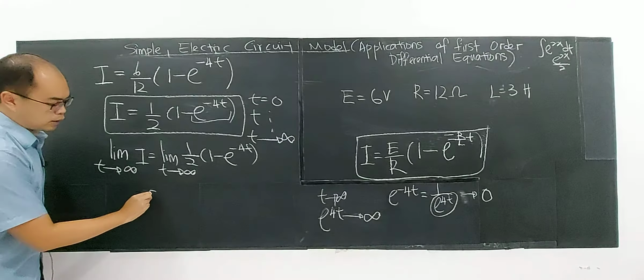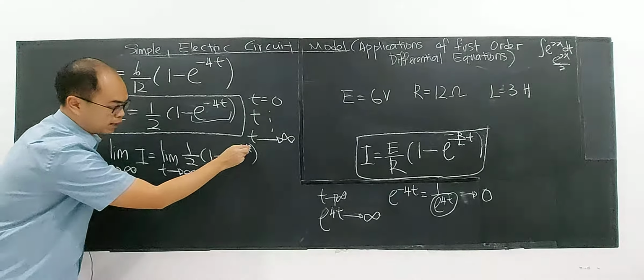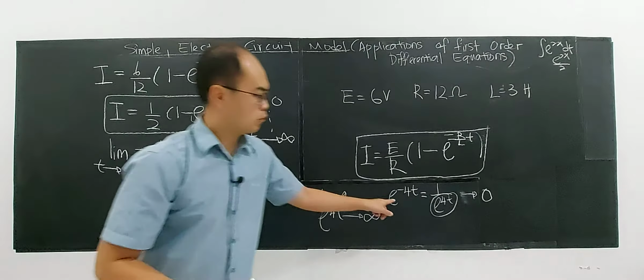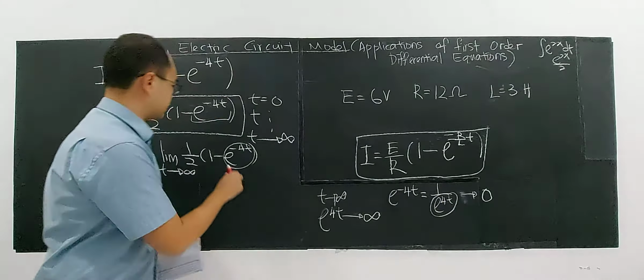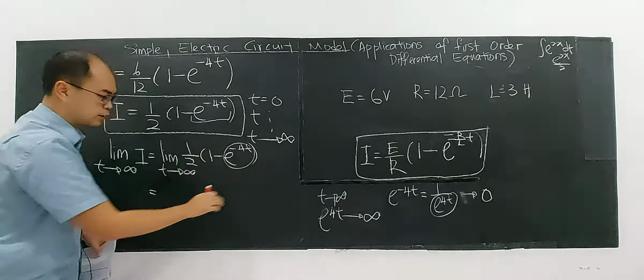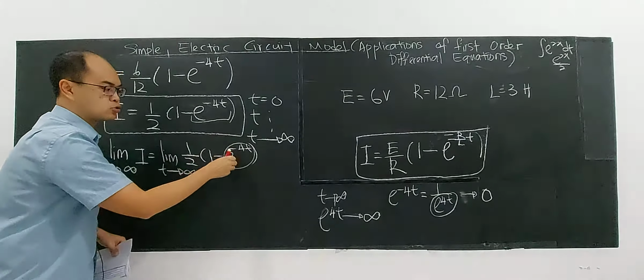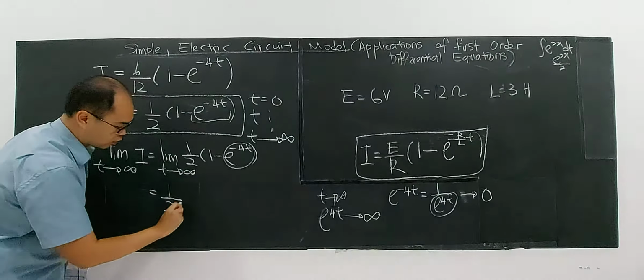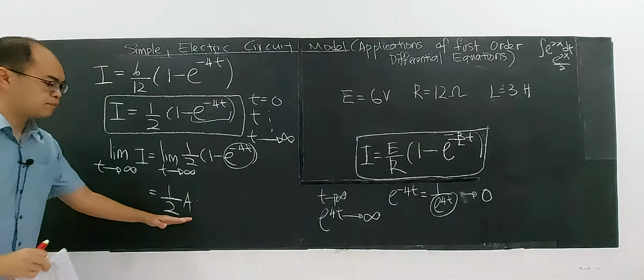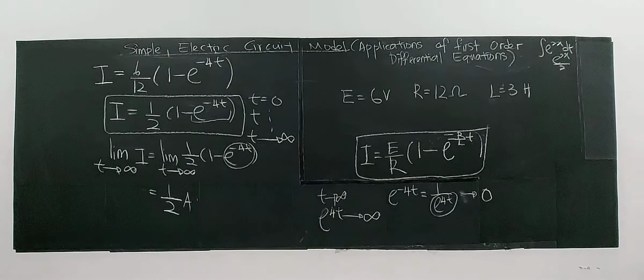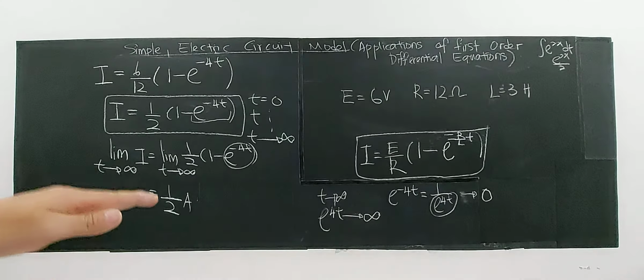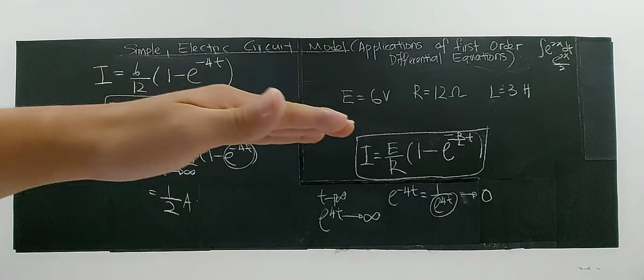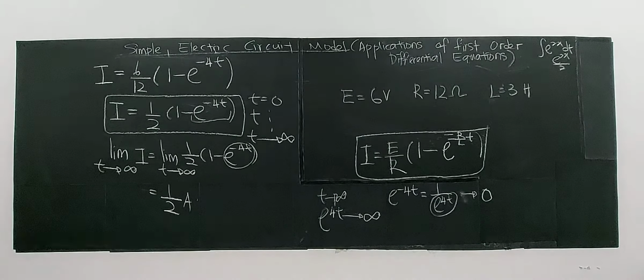As I said, e to the negative 4t approaches 0, so we can set it to 0. So 1 over 2 times 1 gives 1 over 2 ampere. This is the limiting current, which means the maximum current in the circuit will be 1 over 2 ampere.